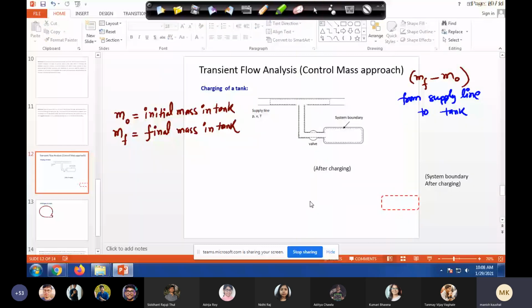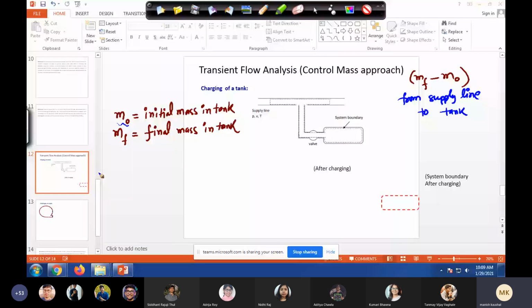So the black boundary is my system boundary in the beginning. Remember, we are using the control mass approach. Can anyone tell me where is M naught or where is MF minus M naught? It's a control mass approach, and I am telling you what is the initial M naught and what is the final M naught of the tank.